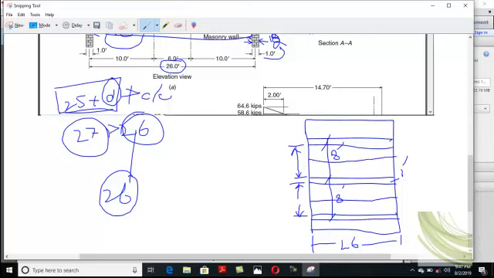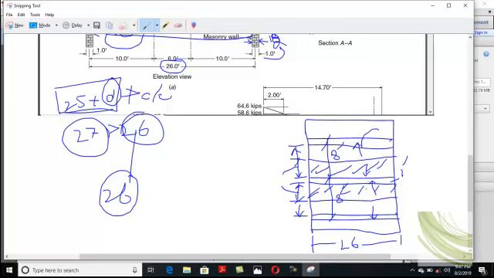The load from half the span comes to this beam and to this beam, and the rest will go to this beam, and the rest will go to this beam. Clear? So there will be a little bit of loading on this beam, but a greater load will be present on this beam. Clear? So you have to find out the width of this and the width of this.